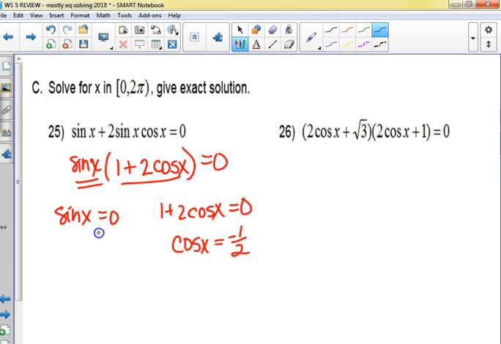So the sine is 0 where? 0, pi, 2 pi. Do we include 2 pi? No, because it had a soft parenthesis here. Cosine is negative 1/2 at 2 pi over 3 and 4 pi over 3.